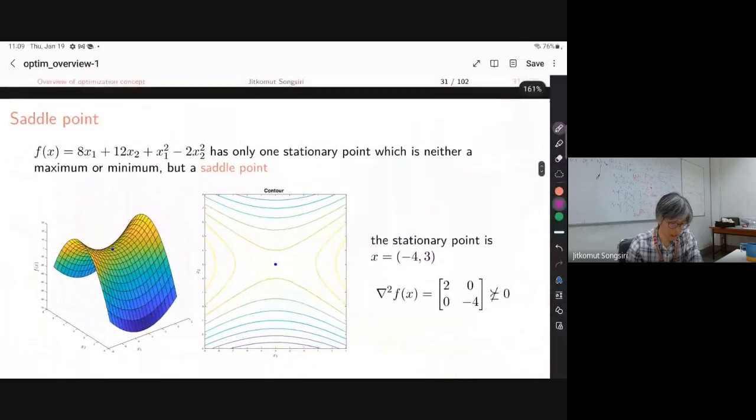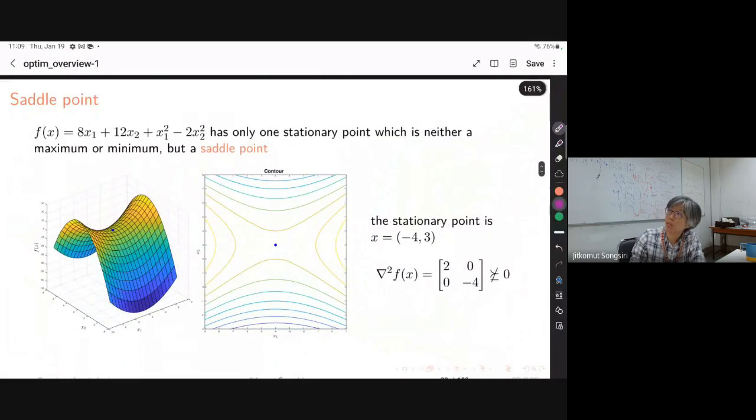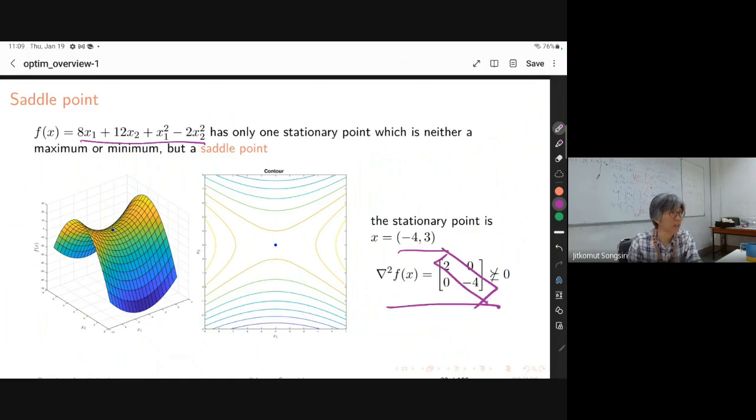In this, I also have another example of a saddle point. Again, this is a function of two variables. If you solve for a stationary point, you find only one stationary point, which is (-4, 3). When you check the Hessian, obviously the Hessian is diagonal.